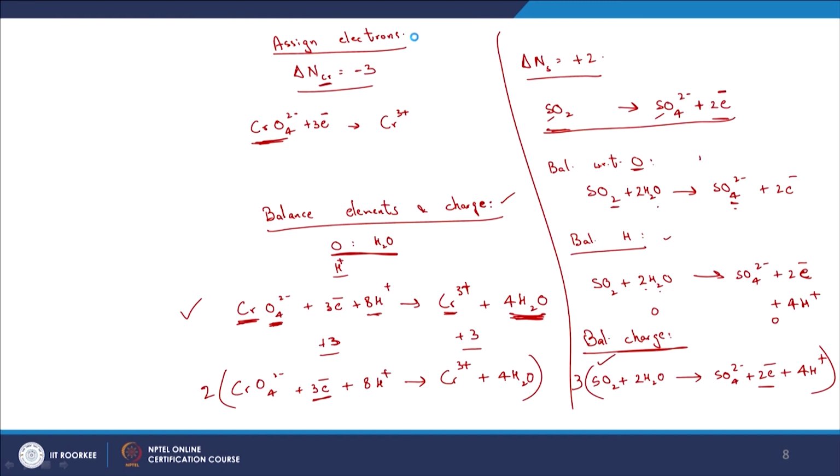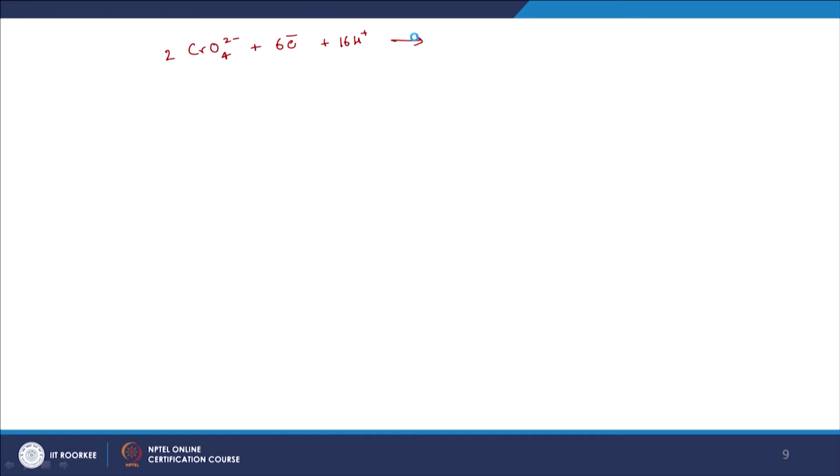2 CrO4 2 minus plus, now it's 6 electrons, plus 16 H plus goes to 2 Cr3 plus plus 8 H2O.